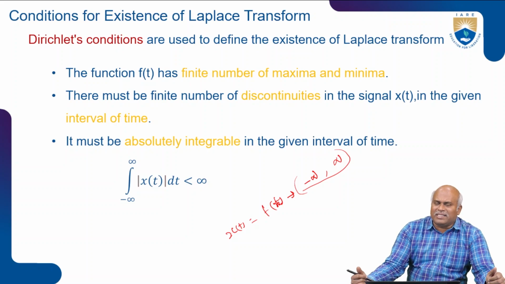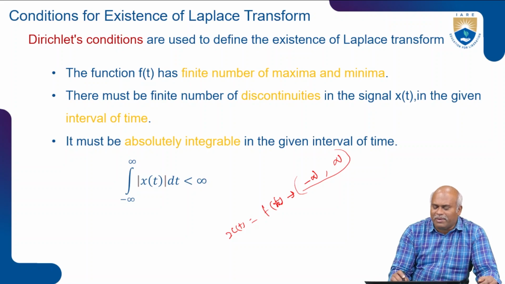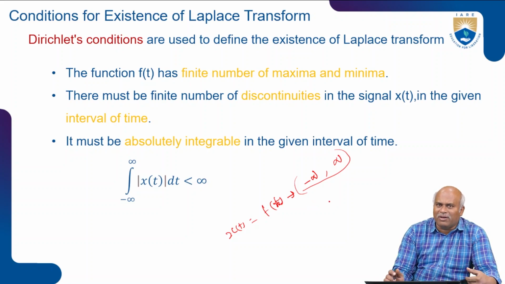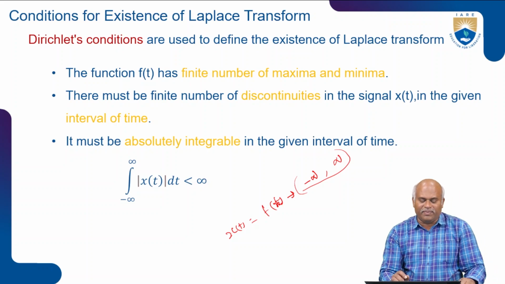That's the first point. The second point: there must be a finite number of discontinuities in the signal x(t) in a given interval of time. So at any time, it is possible to have a finite number of discontinuities in the input signal.